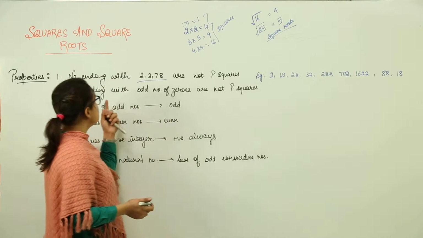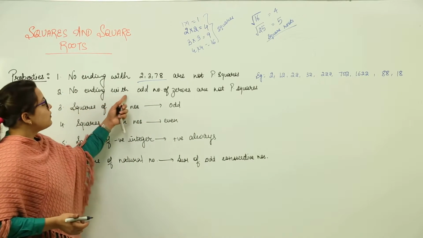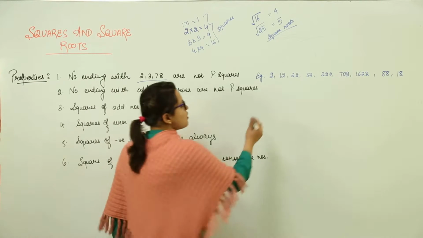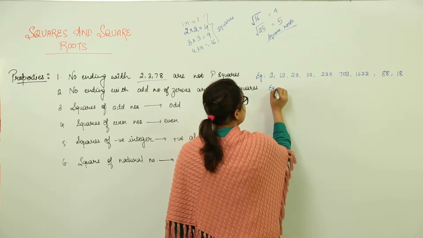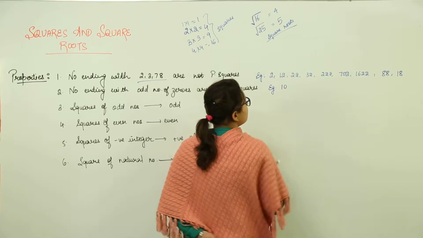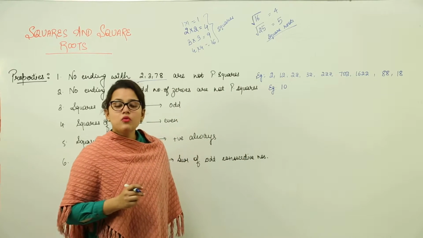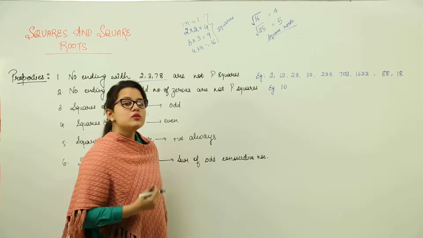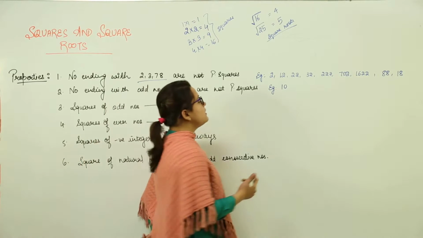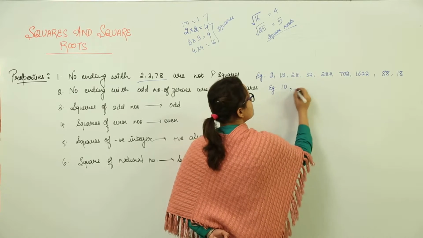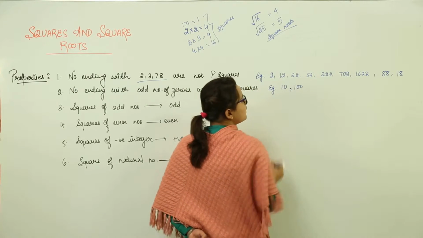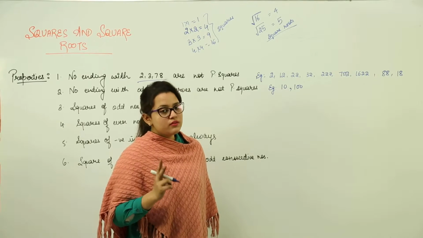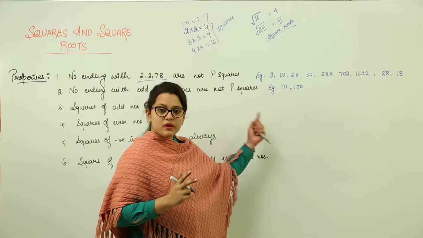Now the next property says that numbers ending with an odd number of zeros are also not perfect squares. For example, let us take 10. In the number 10, how many zeros are present? 1 zero is present. Is 1 odd or even? It is odd. That means 10 is not a perfect square. What about 100? 100 has 2 zeros and 2 is an even number. That means this is a perfect square.